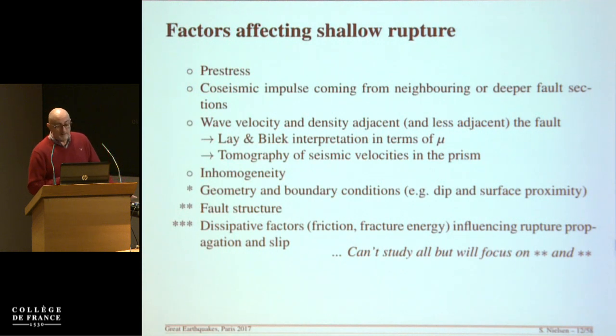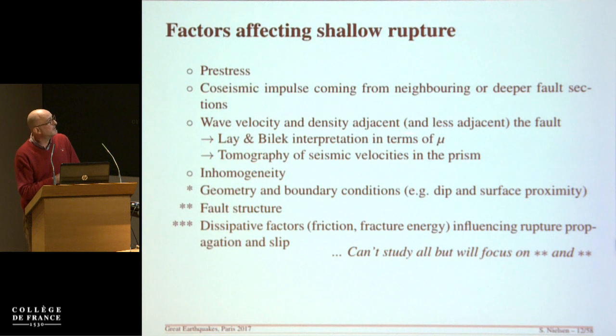So the factors that affect whether the rupture continues to propagate or stops in the shallow part are things like the fact that they are rooted in a seismic part of the fault, so you have a big rupture that comes from depth, and even if the superficial part is low stress, it's going to be pushed by the incoming rupture or the co-seismic impulse that comes from deeper.